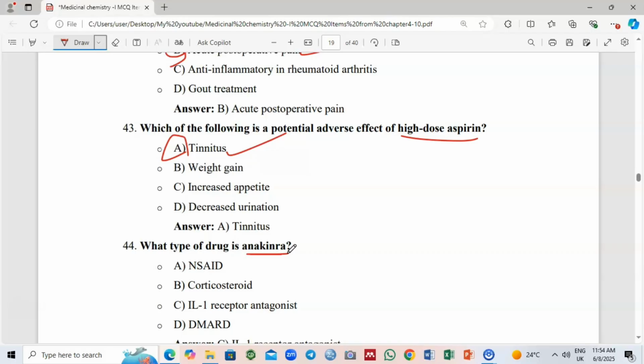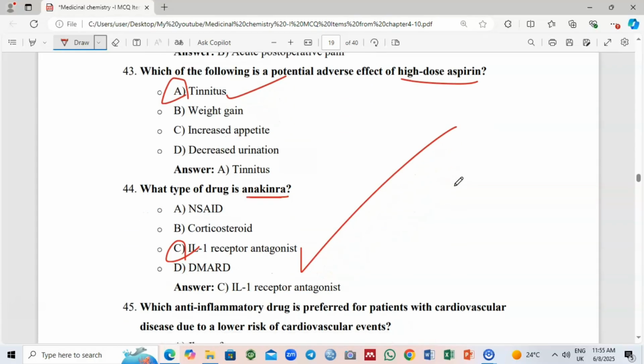It is primarily used for rheumatoid arthritis and other inflammatory conditions. Therefore, anakinra is an interleukin 1 receptor antagonist.